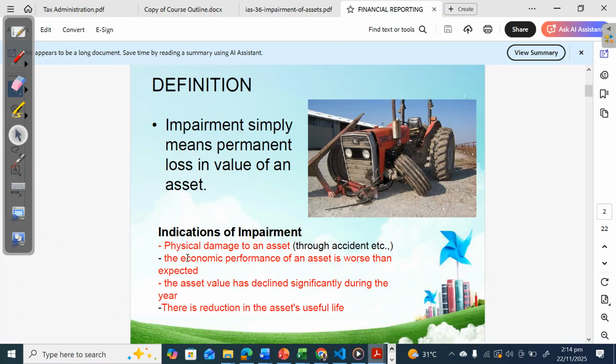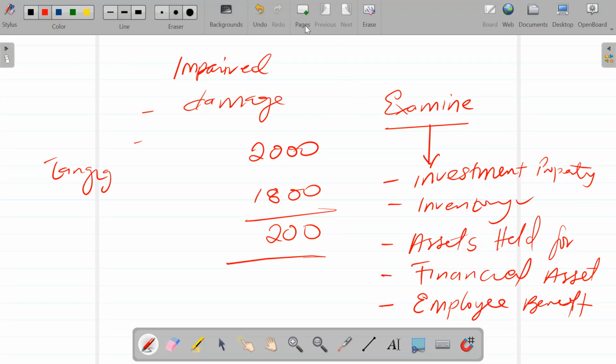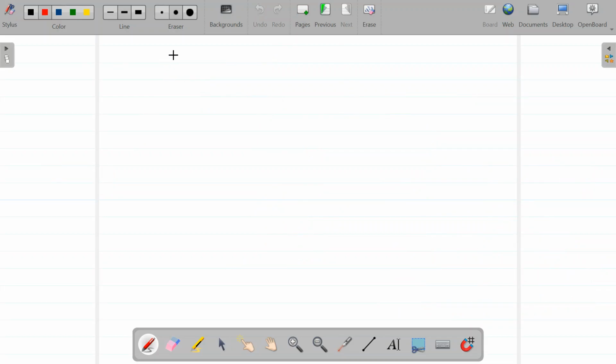Number two, the economic performance of the asset is worse than expected. If the asset is not performing to standard, not performing as we expect, we can say the asset is impaired.